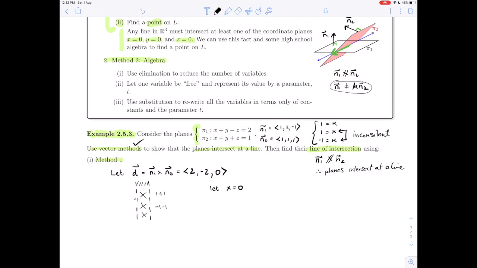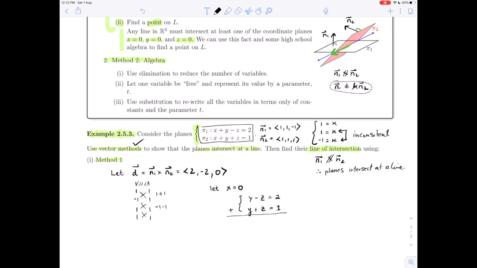But if I let x equals 0 in the equations of the two planes, I'm getting this. So I'm getting y minus z is equal to 2, and I'm getting y plus z is equal to 1. A little system that from high school you can solve with any method that you want.